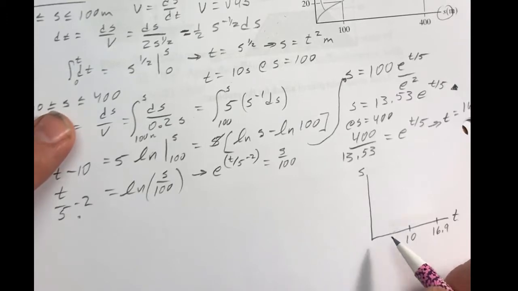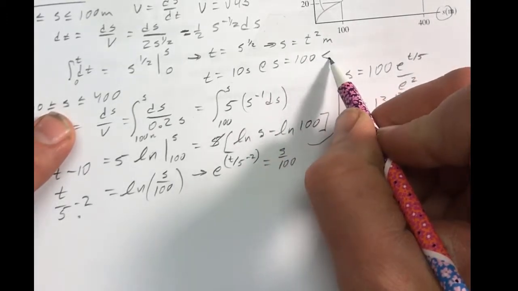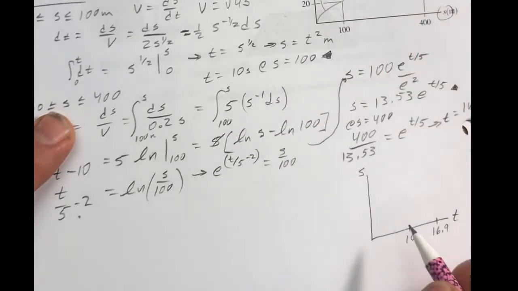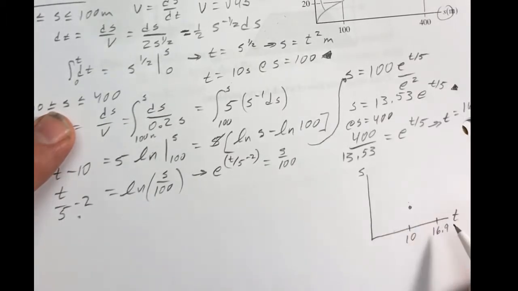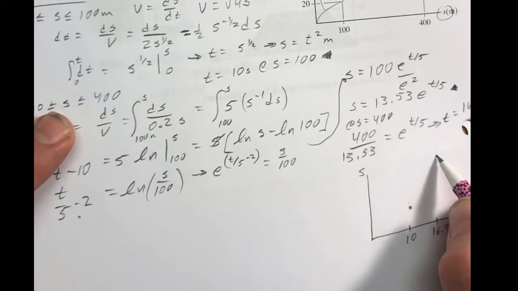At t equals 10, s equals 100. And then here, s equals 400.